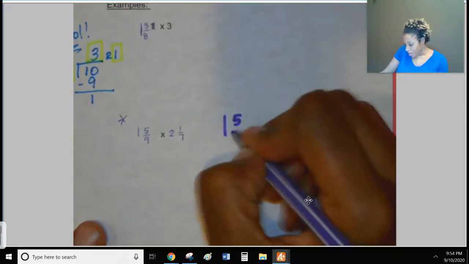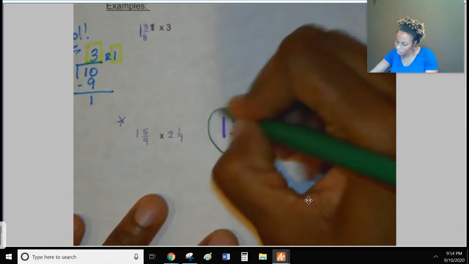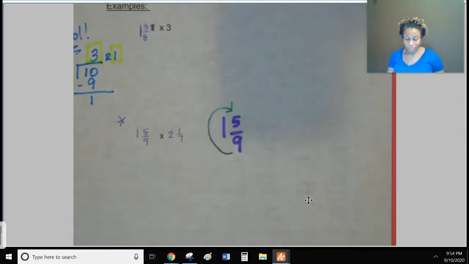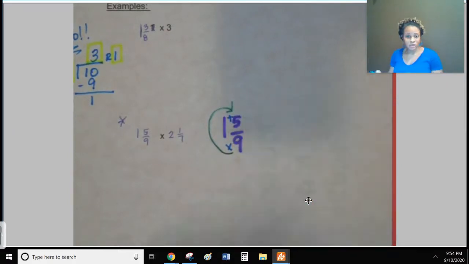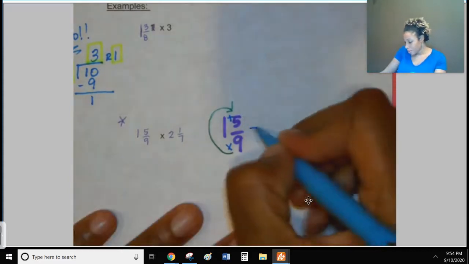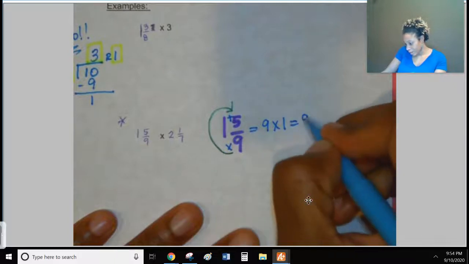1 5/9. I hope you remember how to make this into an improper fraction. We do the Texas method where we're multiplying and adding to the product. We're going to multiply 9 times 1, which gives us 9.